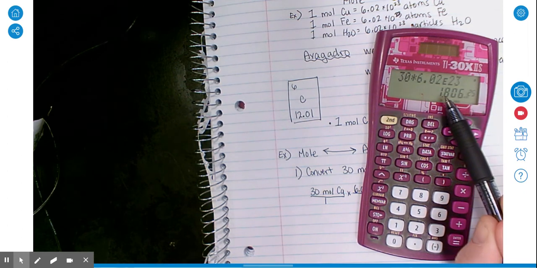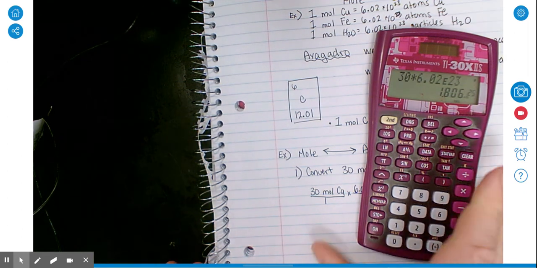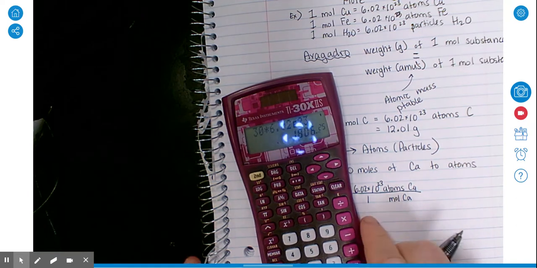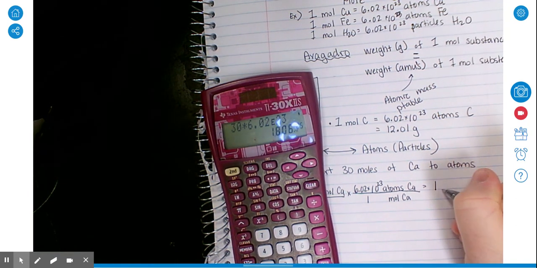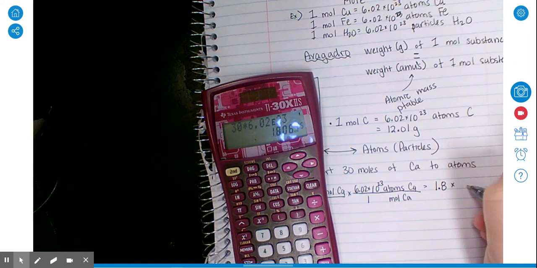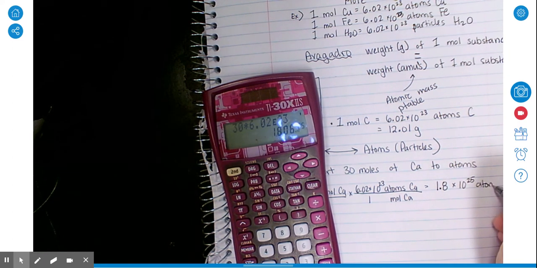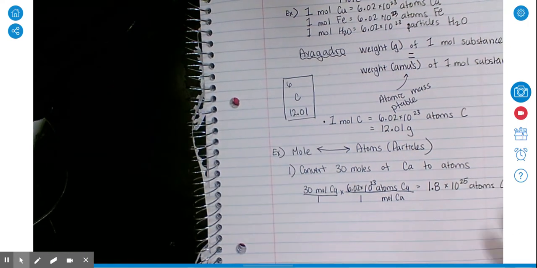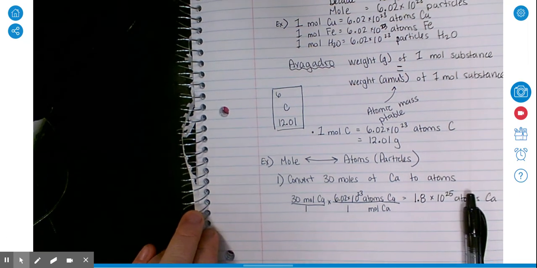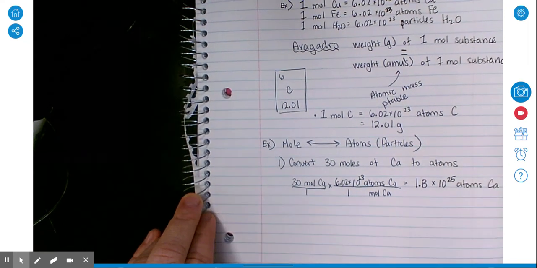And I end up with 1.806 times 10 to the 25th. Rounding that off, 1.8 times 10 to the 25th atoms of calcium. Being careful to keep the full label throughout the entire problem. Keeping calcium, making sure it ends up in your label as well.